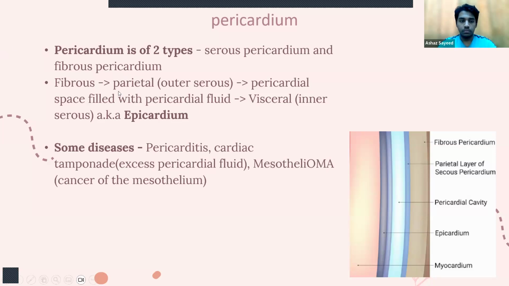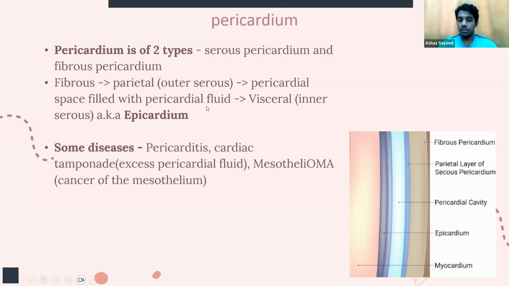So here we first start at fibrous, and then we move into the parietal pericardium, which is also known as the outer serous pericardium. Then you have the pericardial space. This space is filled with something called pericardial fluid, and this fluid basically prevents friction and provides support to the heart.